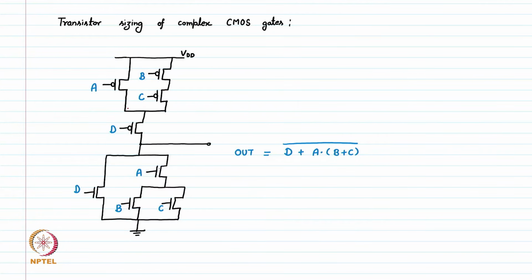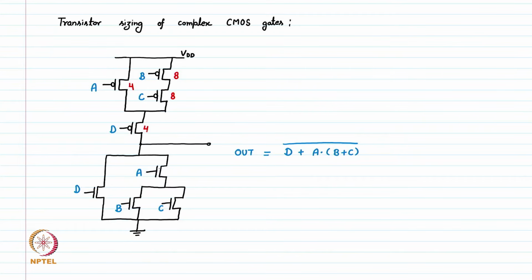And this we can write, for example, we are using a delay of 4 unit here, then this B and C are like 8 and 8, and the D is, for example, 4.